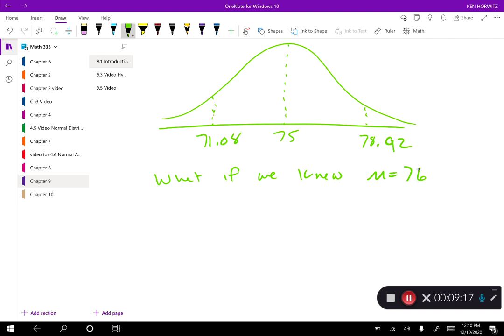So let's say, and this is an added piece of information that you have to know in the problem in order to get either beta or the power of the test. So if we knew that mu was 76, how would we get the power of the test? This is the question that we're going to answer.